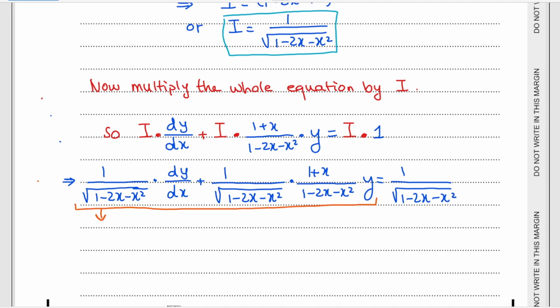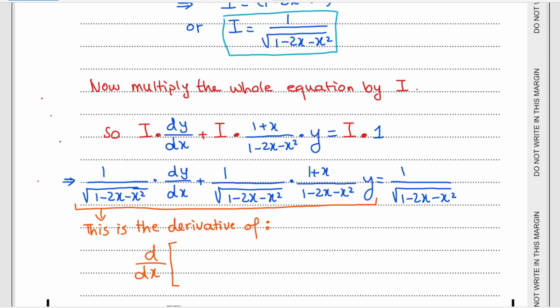Now, look at the left-hand side. This is the derivative of the product of two functions. One of them is 1/√(1 - 2x - x²), and the other one is y. If you notice here, the derivative of y is dy/dx, and the derivative of 1/√(1 - 2x - x²) is all this function beside y.